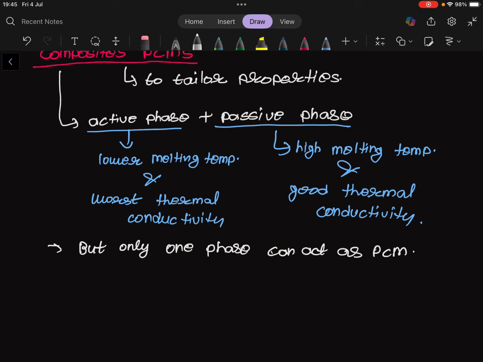So we are interested in this, which can have high structural properties to withstand more stress. But we have an active phase, which is actually behaving as PCM. So basically the active phase behaves as PCM.